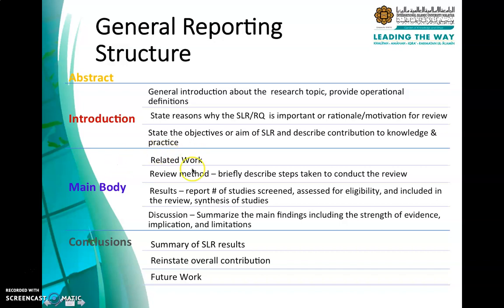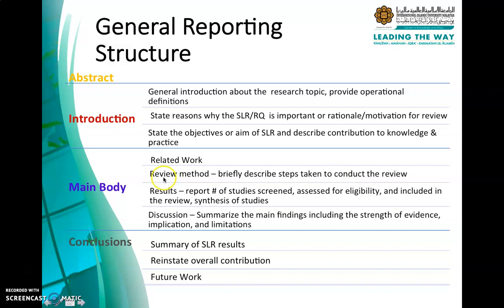When we say related work, you are highlighting other studies that are related to your work. And then the review method, as I said just now, briefly describes the steps taken to conduct the review.